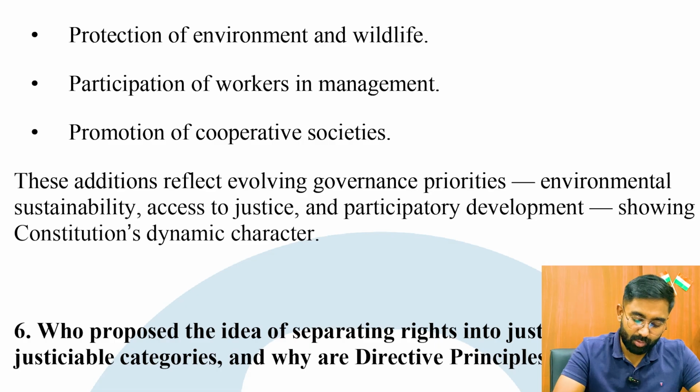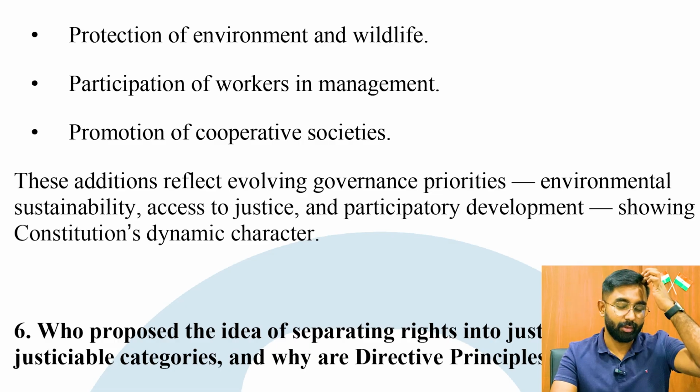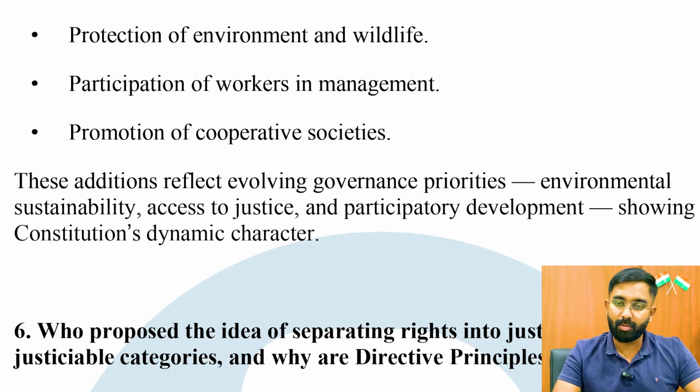Then we have participation of workers in management. This is Article 43A, and also was added in the 42nd Constitutional Amendment Act. And then we have promotion of cooperative societies. Once again, this is Article 43B, which was added through the 97th Constitutional Amendment Act. So these are some of the important additions.